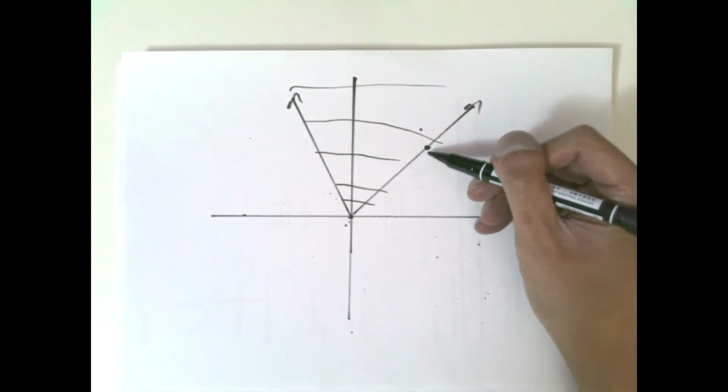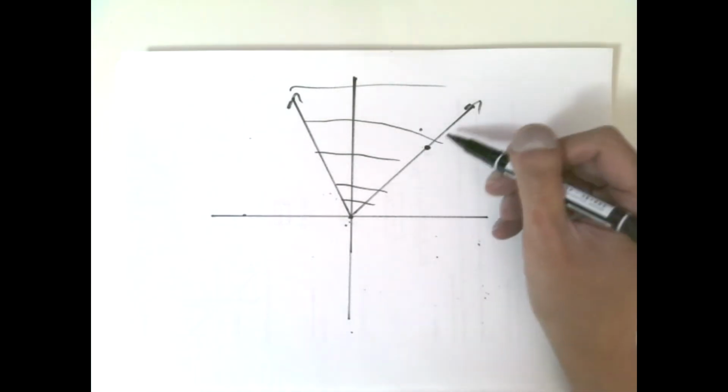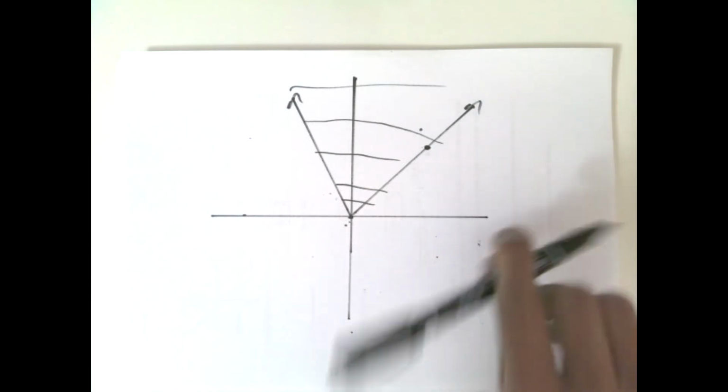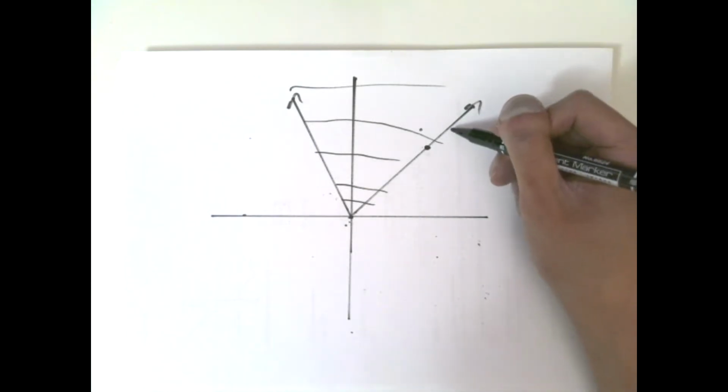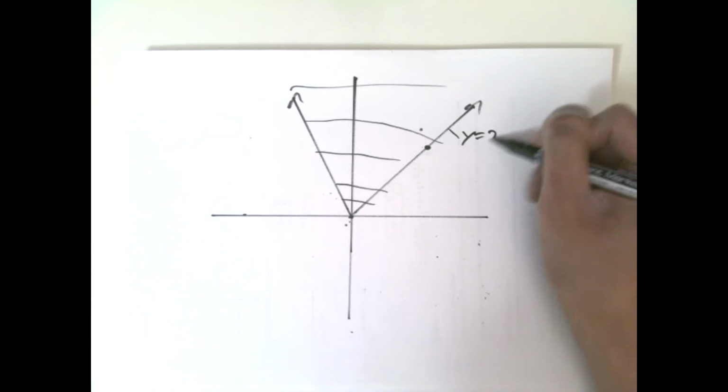Well, since this arrow is pi on 4 inclination from the real axis, this line must simply be y equal to x.